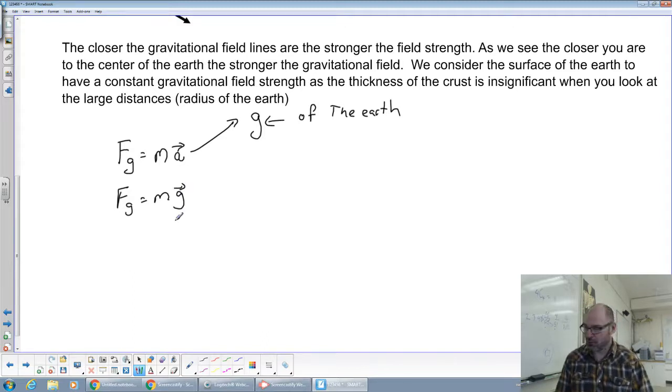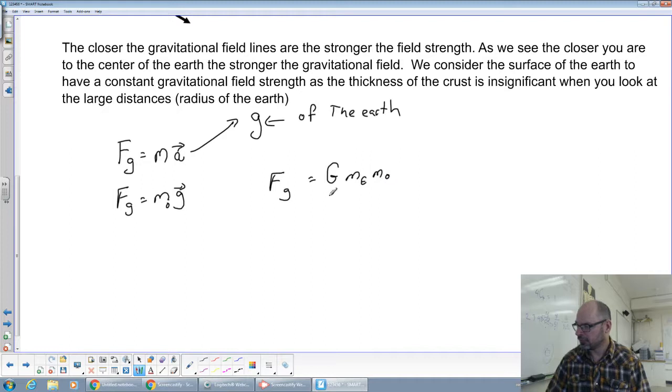Okay, we also know that force of gravity, according to Newton, and this is an object, is equal to G times the mass of the Earth times the mass of the object divided by r squared.